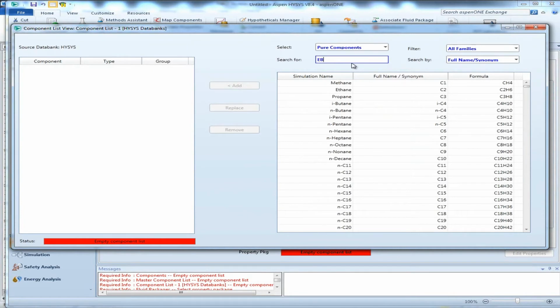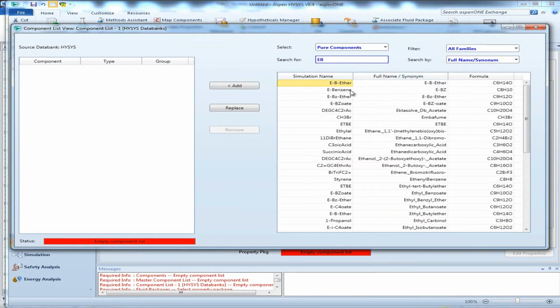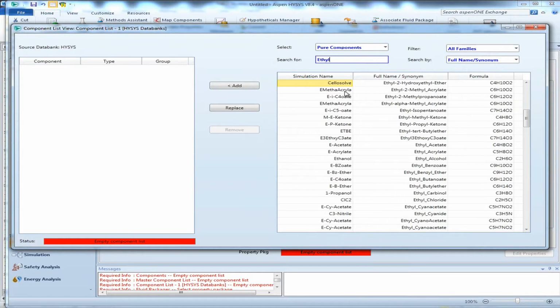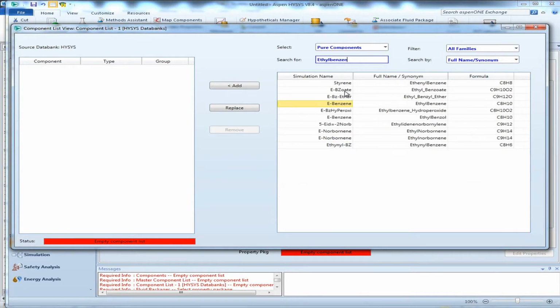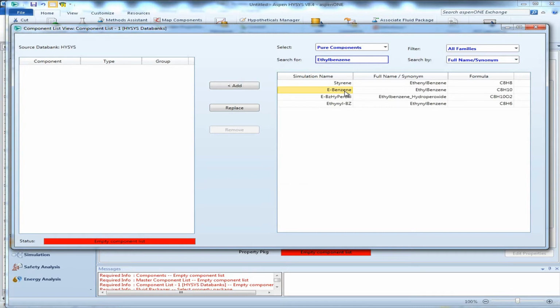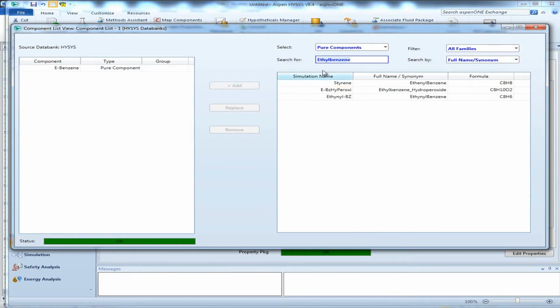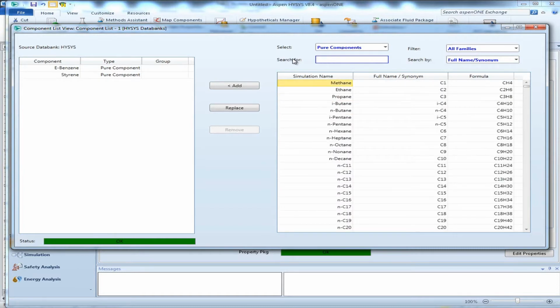We do have ethylbenzene. Now we add styrene on it, and hydrogen, that's for the first reaction.